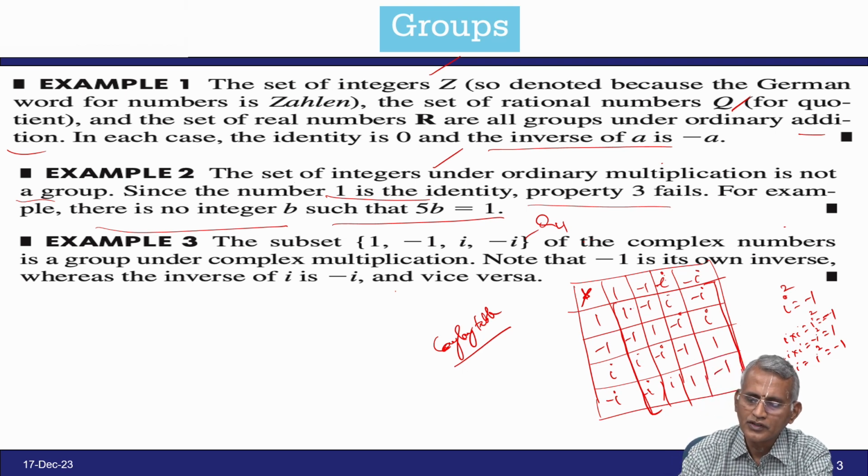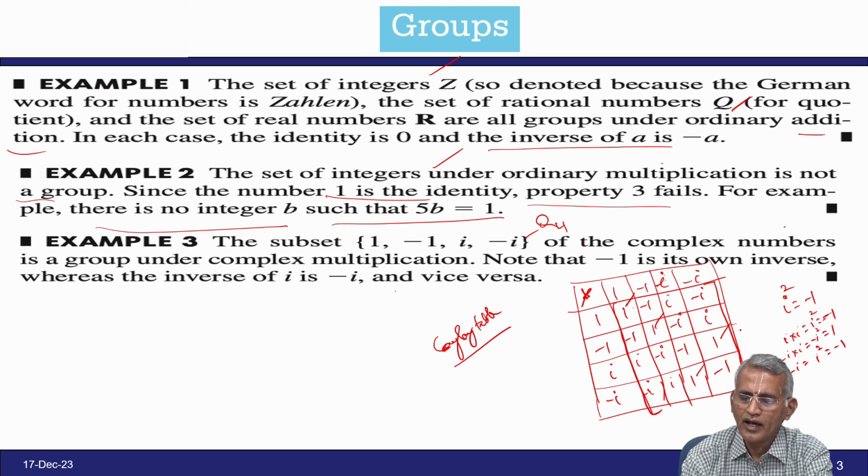Here first row first column is 1, and second row second column you see the 1 comes, whereas third row third column and fourth row fourth column we have a 1. So, these are all the identity, for each row and column 1 comes. Check it out, for the column wise also 1 is reflected. Therefore, existence of identity holds, and then we will move to the existence of inverse.